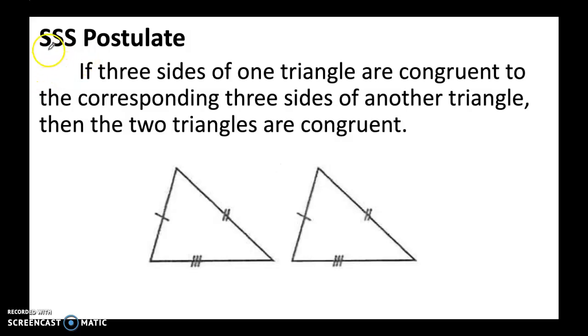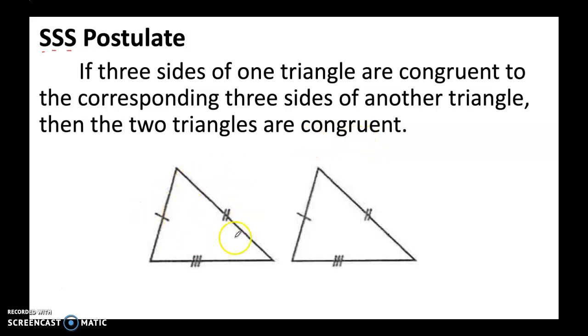One is the SSS postulate. So we need three sides in order for us to determine that the two triangles are congruent. If three sides of one triangle are congruent to the corresponding three sides of another triangle, then the two triangles are congruent.